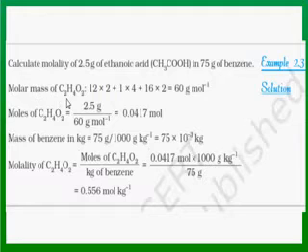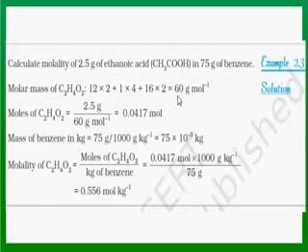Molar mass of ethanoic acid, that is C2H4O2, is equal to 12 into 2, where 2 is the number of atoms of carbon, plus 1 into 4, atomic mass of hydrogen into 4 atoms of hydrogen, plus 16 into 2 for oxygen.